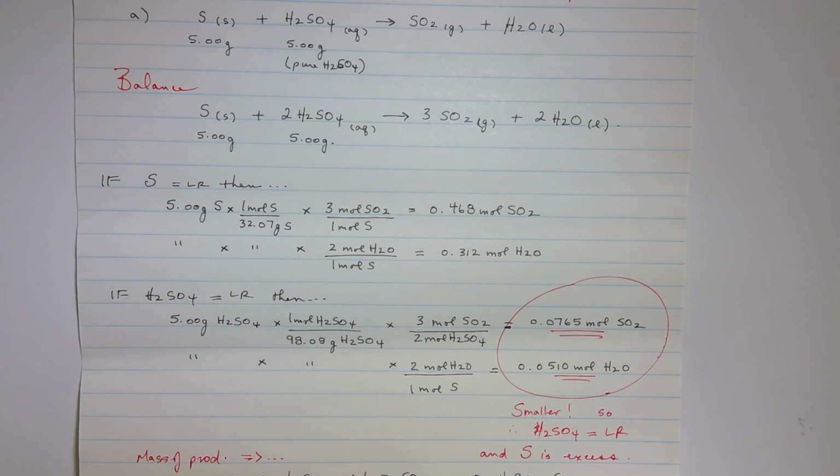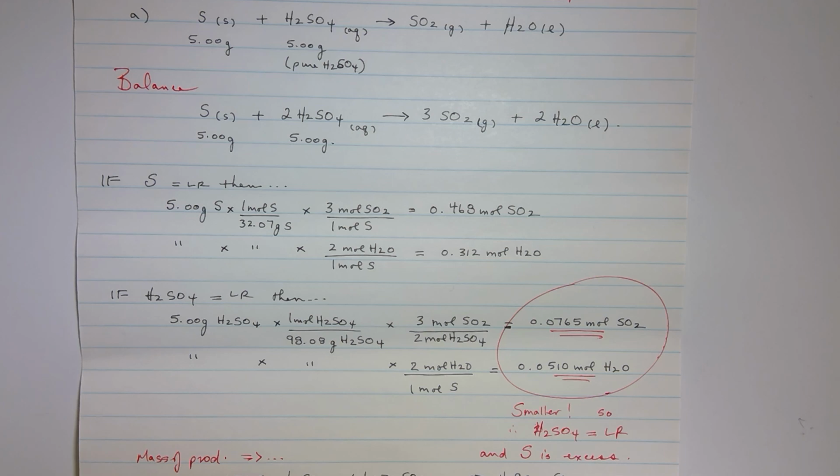If that's so, the other reagent, which is sulfur, must be there in a quantity more than enough, which we call excess. So after the product is formed, I will not have any H2SO4 left over. That was limiting. It means that it ran out first.